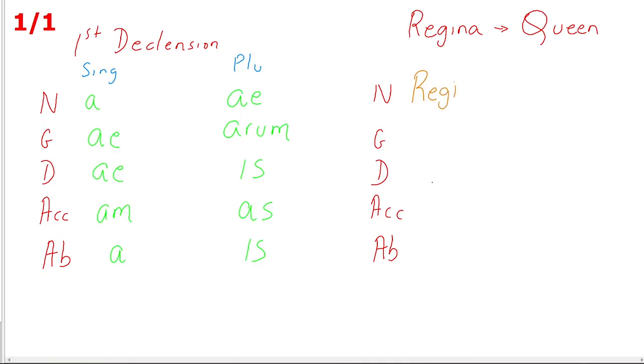In the dictionary, you will always find the nominative and the genitive singular. For example, if you open your dictionary and take a look at Regina, you will see Regina, Reginae. You can just check, one of you, go to Regina and it will be written in this way. You have the nominative and the genitive always.